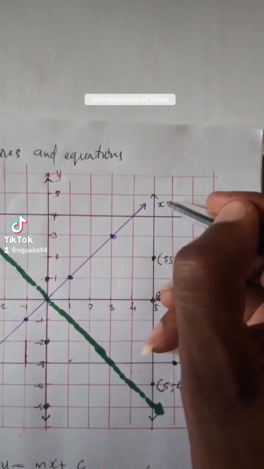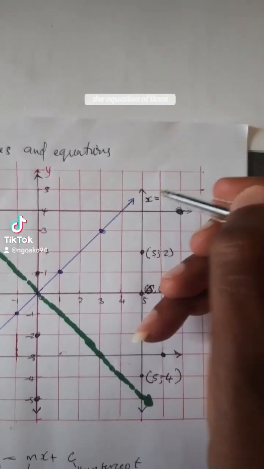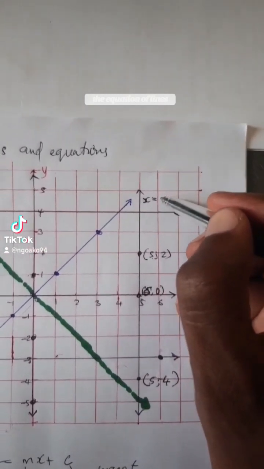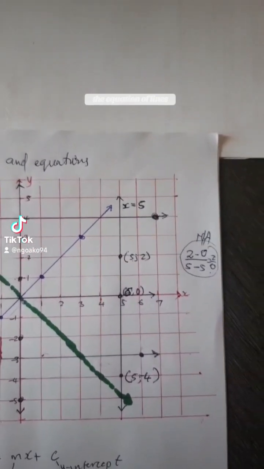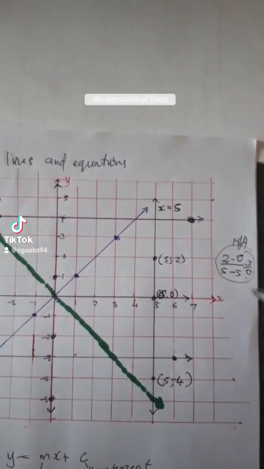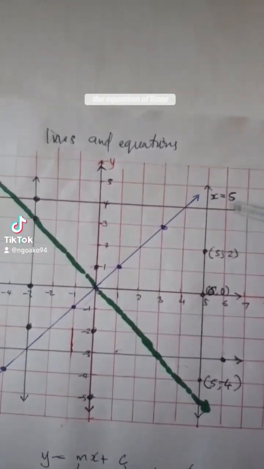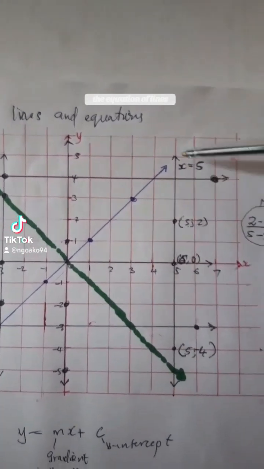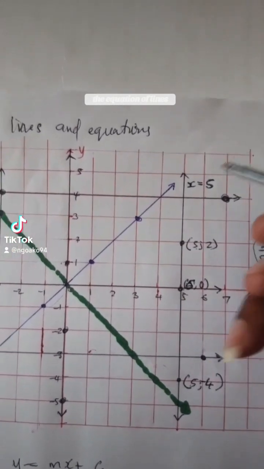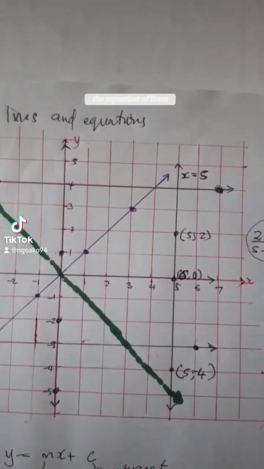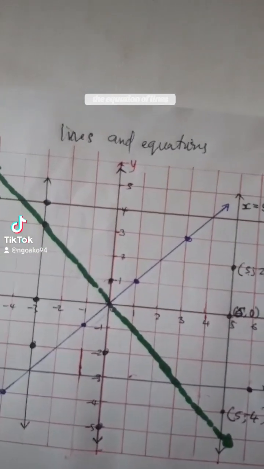So the equation of this line will be x equals to 5, since there is no gradient at all, but it is at the x-axis. So the equation of the line will take the value of x only.